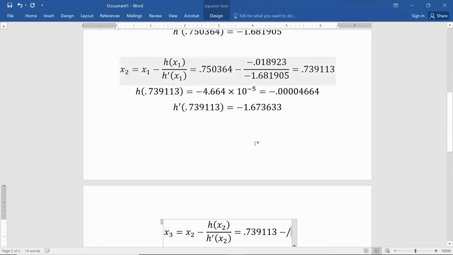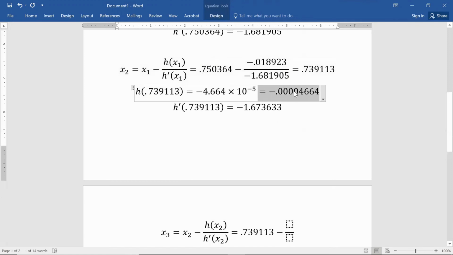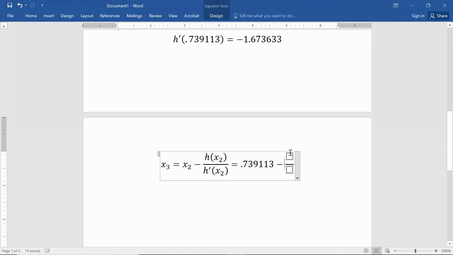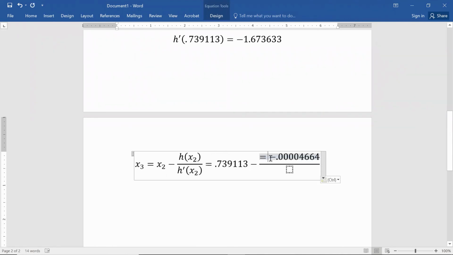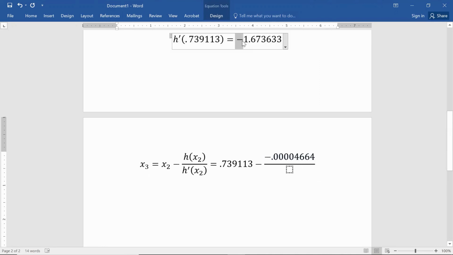The fraction is going to have a numerator of negative 0.0004664, and a denominator of negative 1.67. Now I can kind of see already that this means it's not going to change this number by very much at all. At least you can see in this, there's a lot of zeros here.